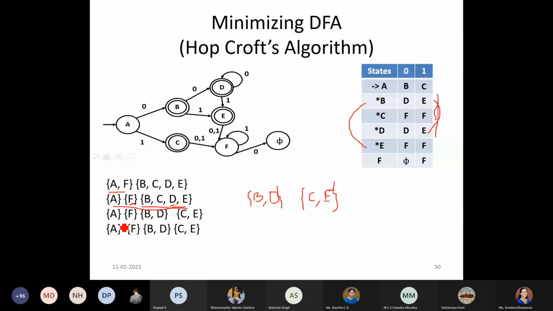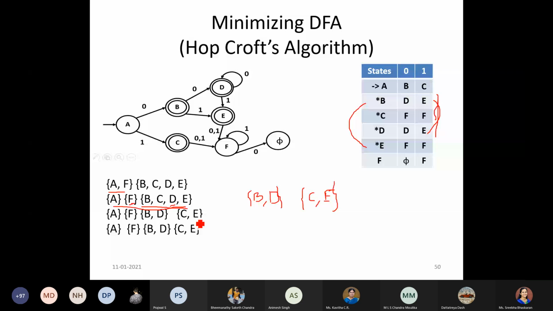So now when you pick B and D together, you see D, D and E, E. That means in the above iteration, with respect to 0, D is in one group, E is in the other group. So they can go together.